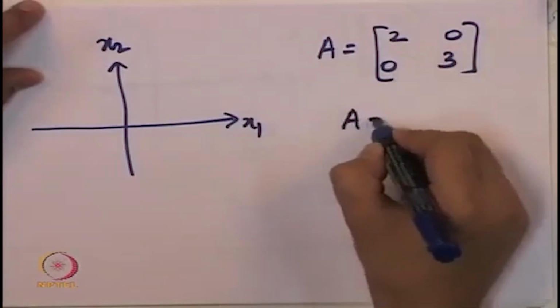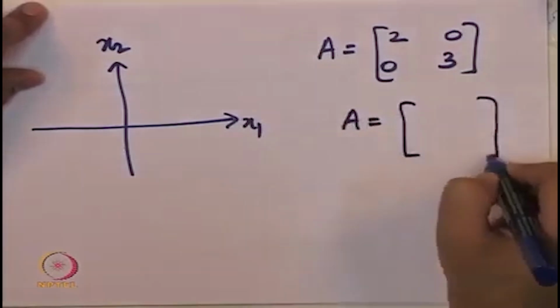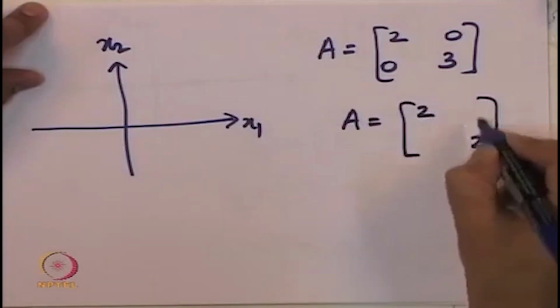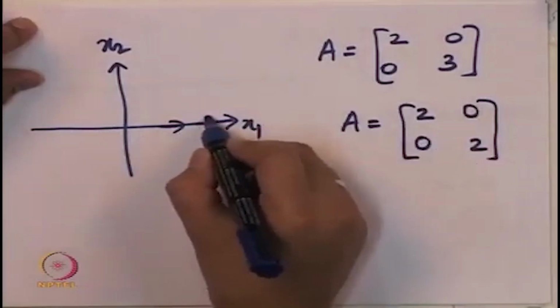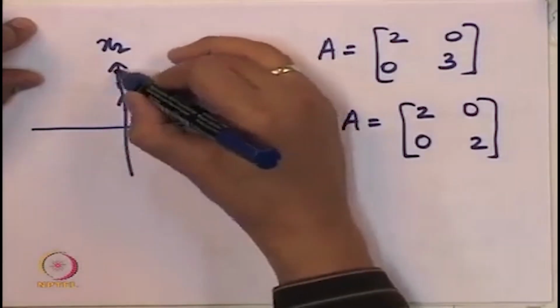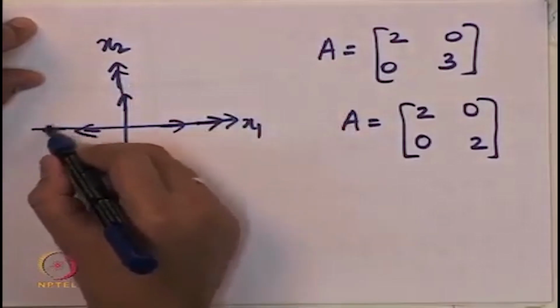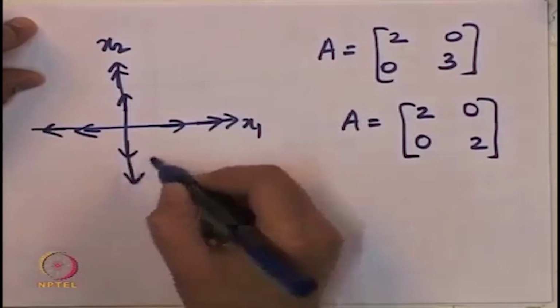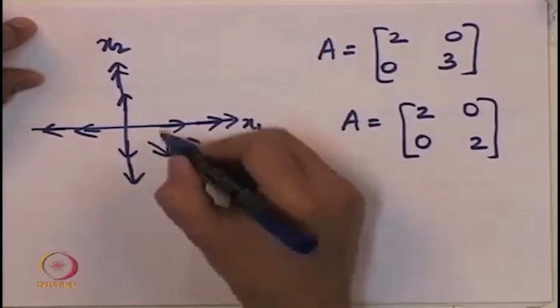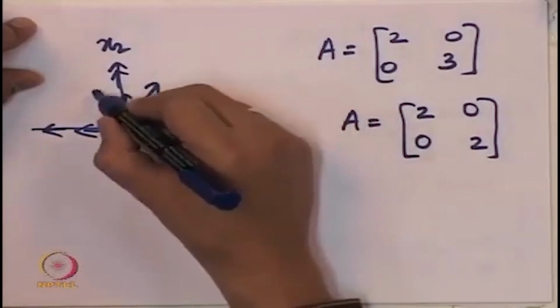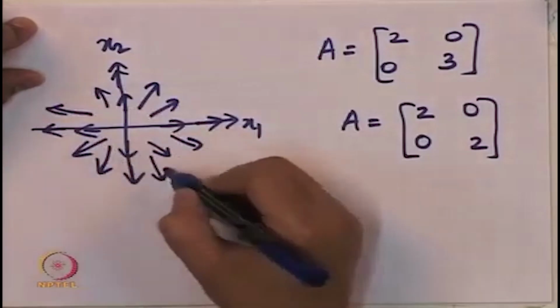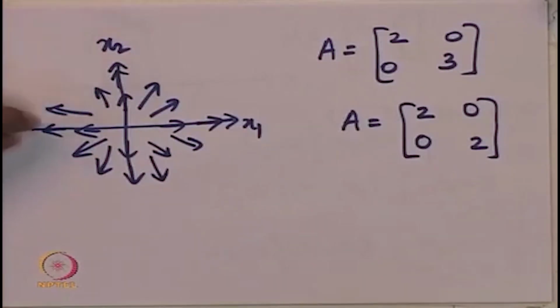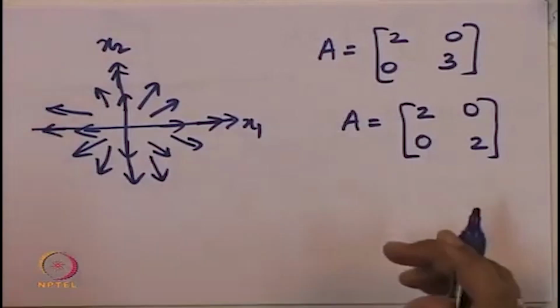For the case when A has repeated eigenvalues, but is diagonalizable, it still is an unstable node. Of course, in this case every direction is an invariant direction, every line through the origin is an invariant set, because the two eigenvalues are repeated.